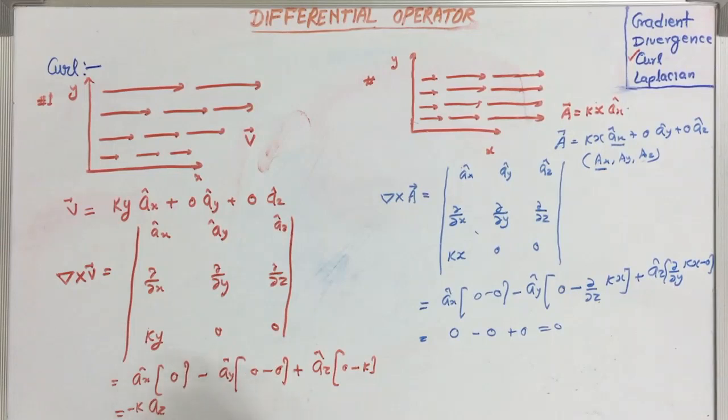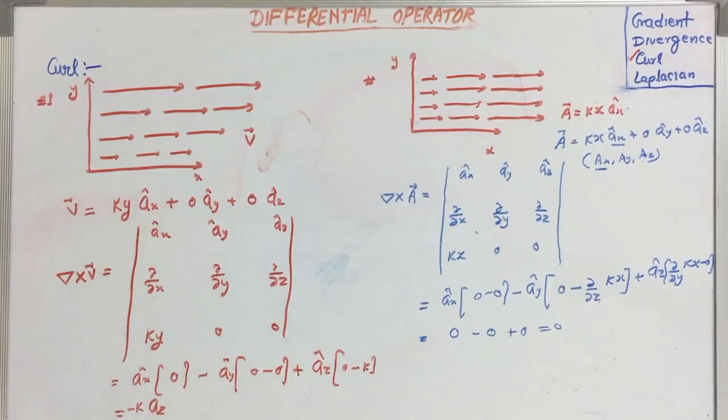It means the field is having curly nature in the direction of downwards. If upward is considered as positive z, then downward is considered as negative z.